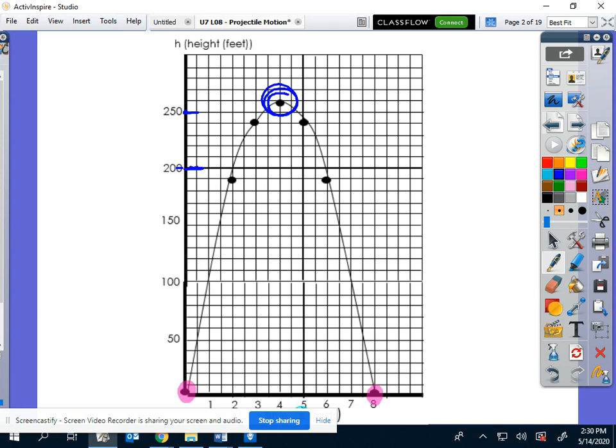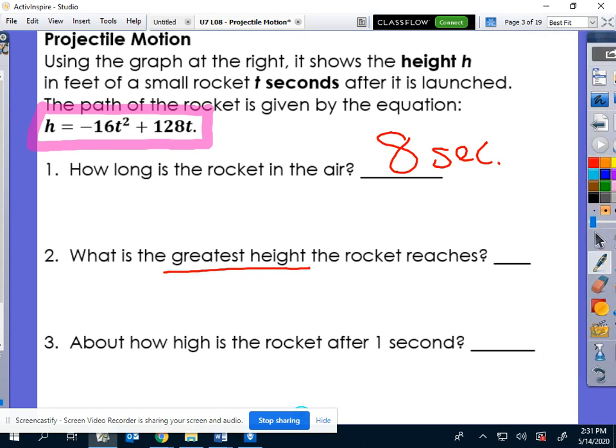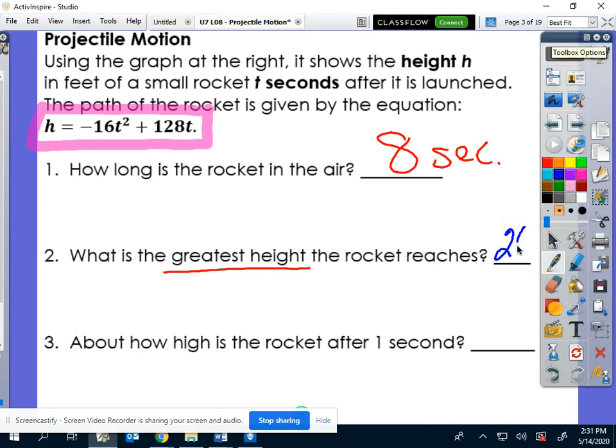I'm not sure if we're going up by tens or not here, but it looks like that's 210, 220, 230, 240, 250, right? So I'm going to say maybe 260-ish. Right now we're just looking at the graph, so 260-ish is about my highest point. So on this next line, that's what we're looking at, about 260 feet.